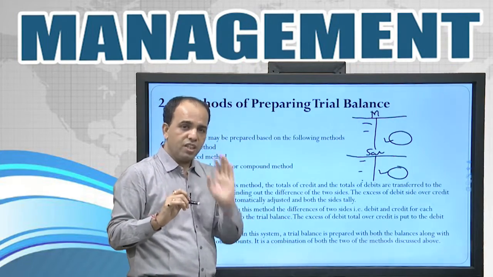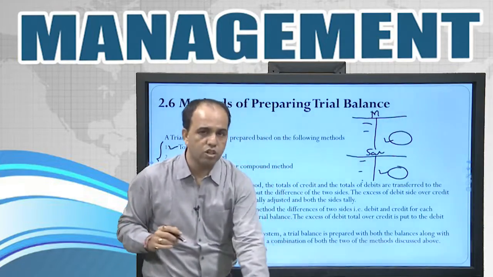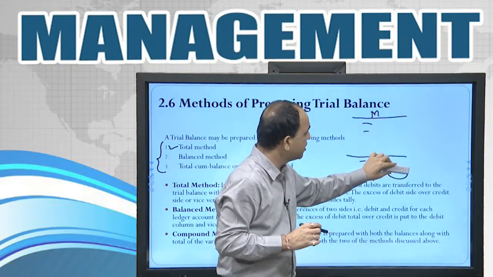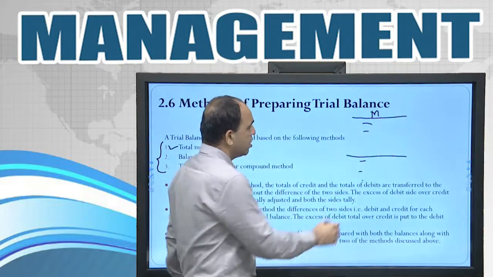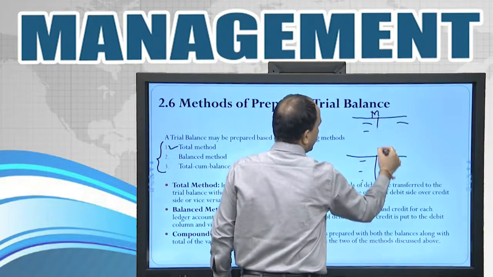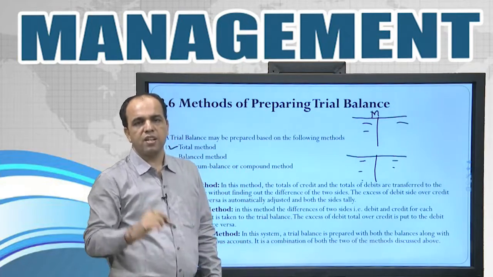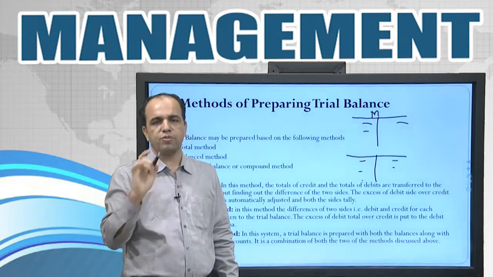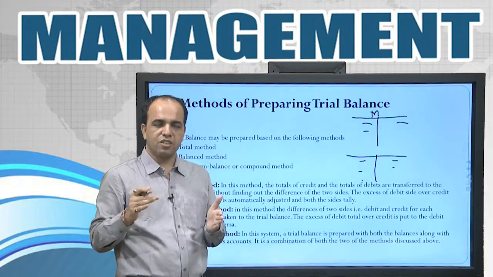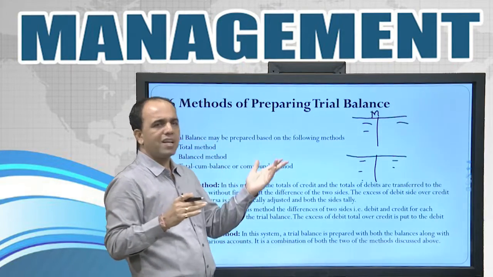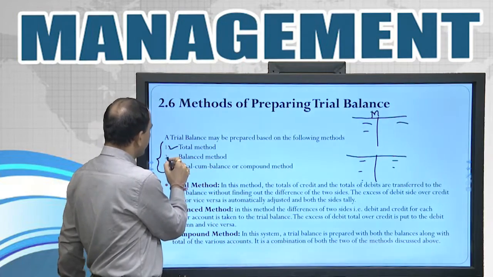But wait, in case of the total method, we do not find out these balances. We write only the debit and credit side amounts. Suppose if we have some debit amount and some credit amount, that will be written properly in the debit and credit columns with the name, and ultimately we have to total up debit and credit.